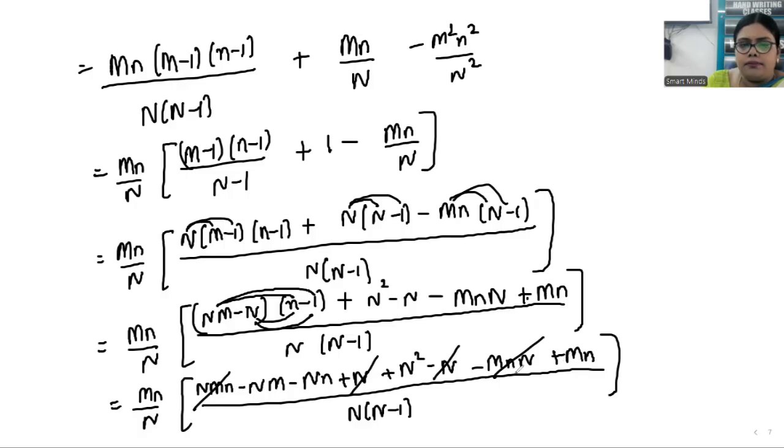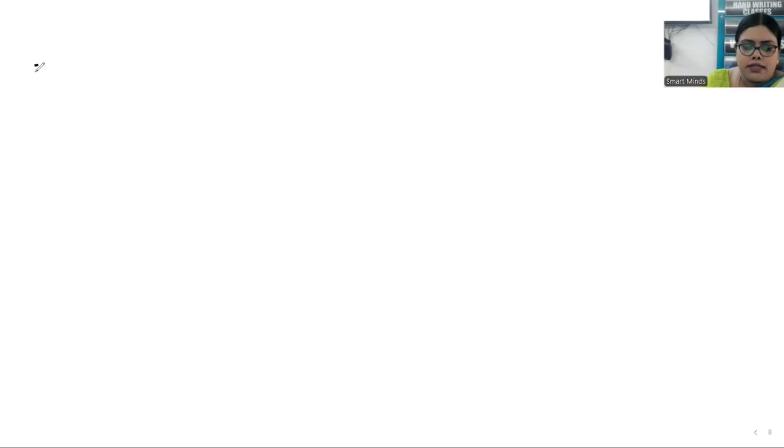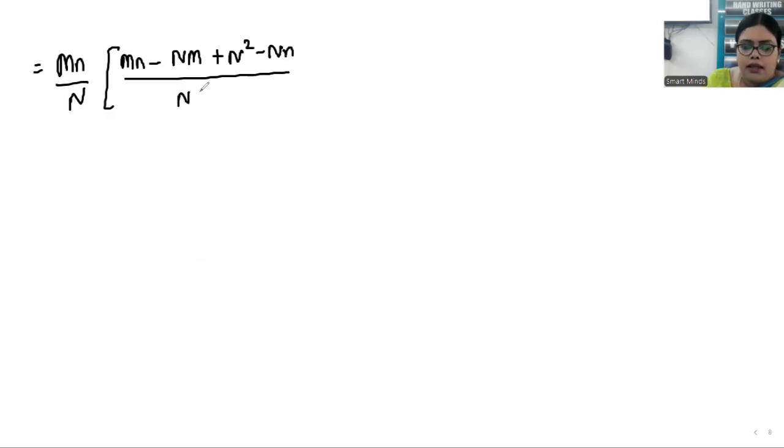Plus N minus N cancel, Nmn minus Nmn cancel. Then now what is left over, we will write it down. So that is equal to mn by N into mN minus Nm plus N square minus Nn by N into N minus 1.